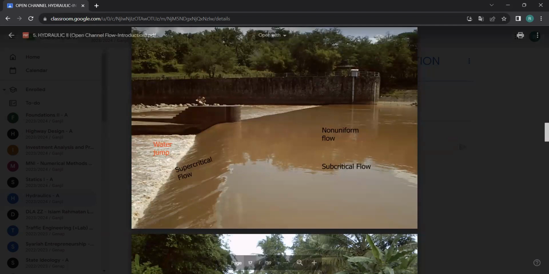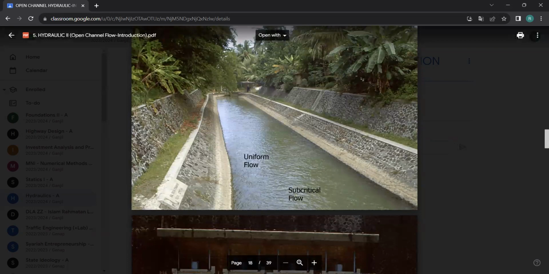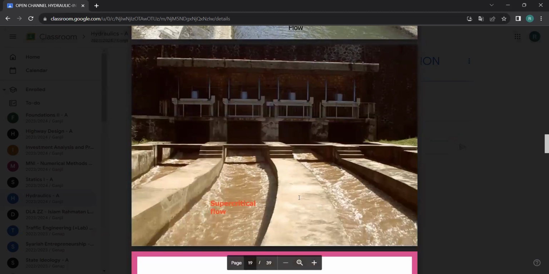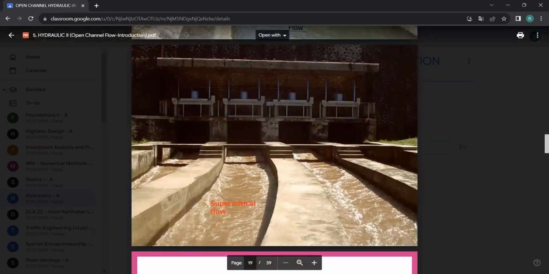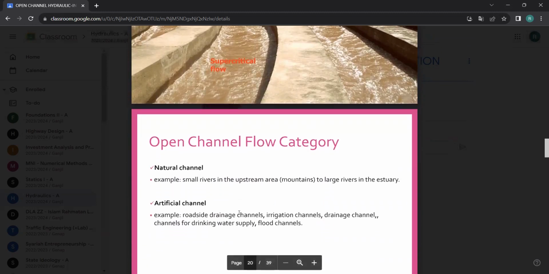So there is different speed of water flow. Because it is steady, we can say it's subcritical flow. This is unsteady flow, we can say it's supercritical flow.